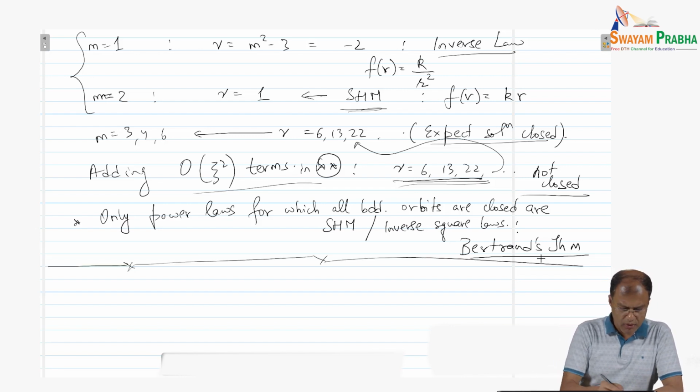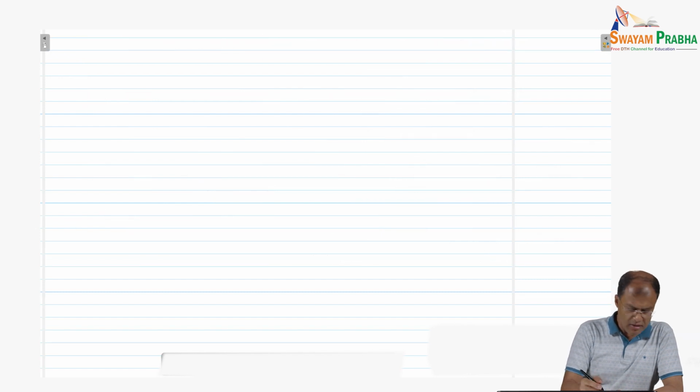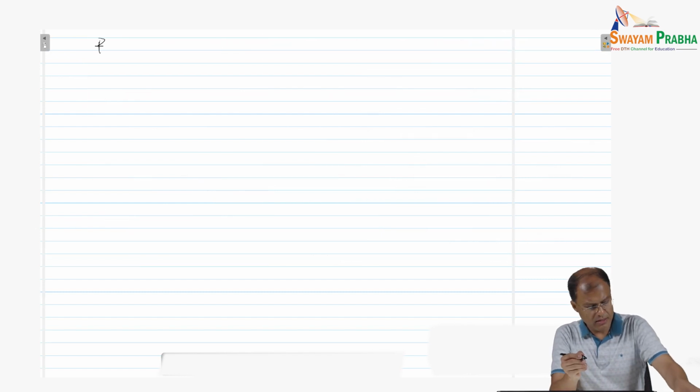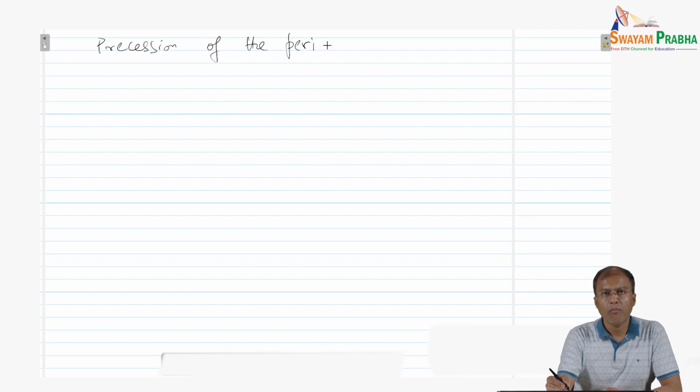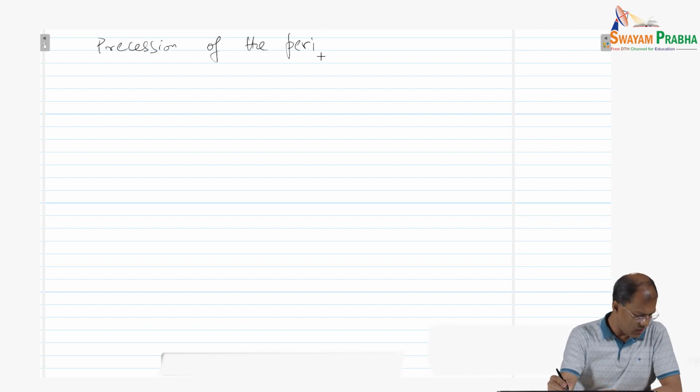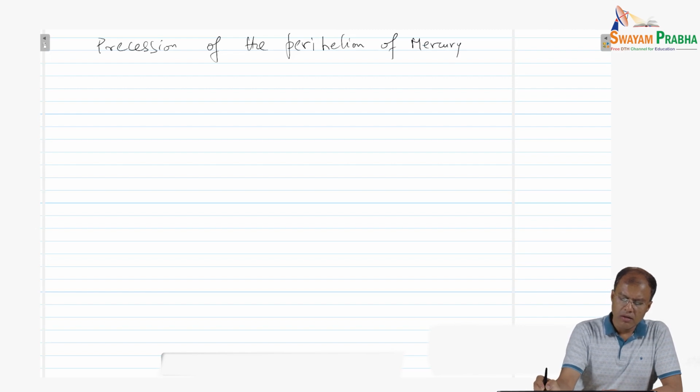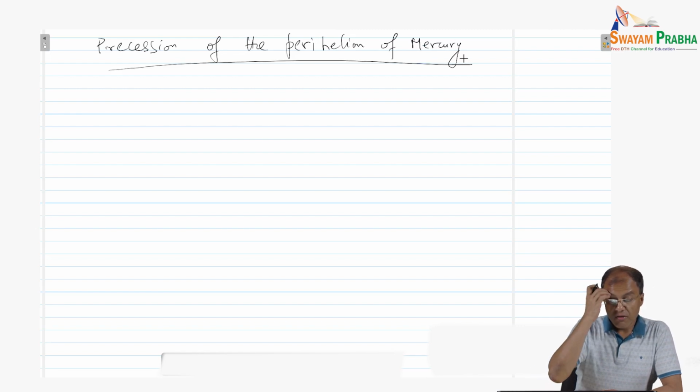What we are talking about is the precession of the perihelion of Mercury. Perihelion means the point of closest approach.